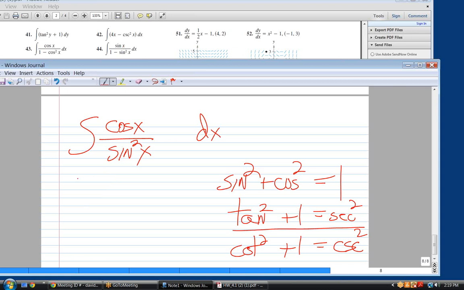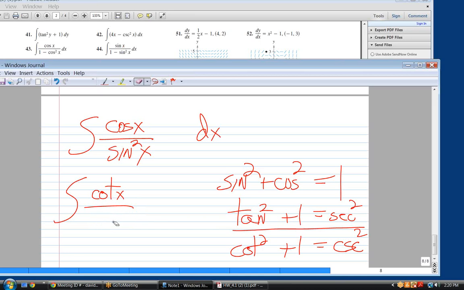Okay. So let's rewrite it. Let's play around with that. So we have cotangent over sine, right? Yeah. What's another way to write sine?